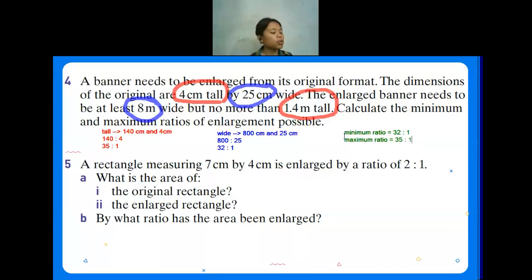A rectangle measuring 7 centimeter by 4 centimeter is enlarged by the ratio of 2 to 1. Now we have to find the area of the original one and the area of the enlarged one. Anyone want to help me with the area of the original rectangle? 28, right? So the area, 7 times 4, equals 28 centimeter.